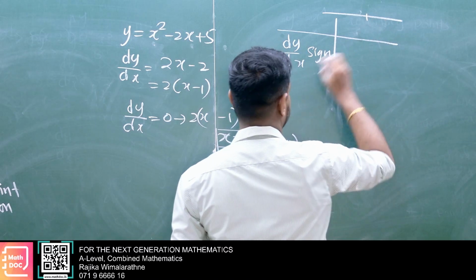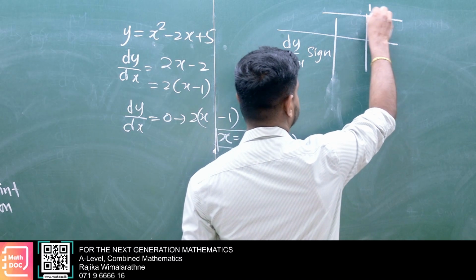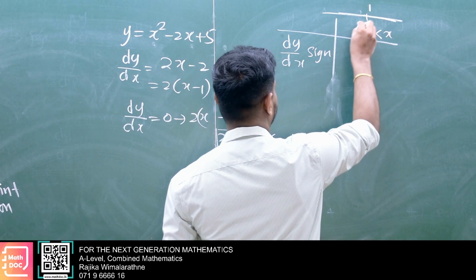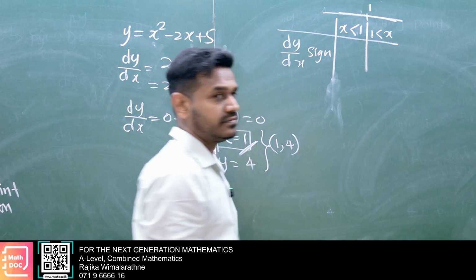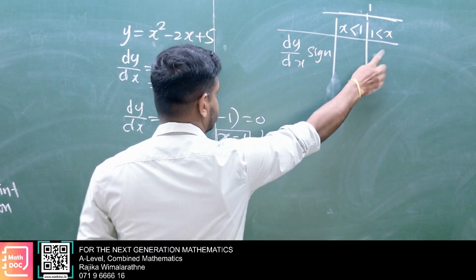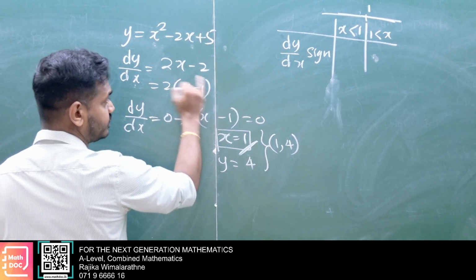That critical value 1. And identify the regions: here greater than 1, here less than 1. For the greater than 1 region, surely dy by dx is positive, no? Sign positive.